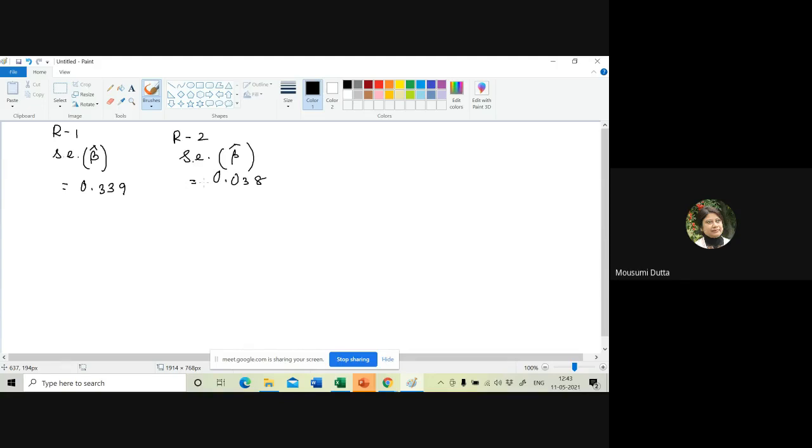This is x values: 3, 3, 3, 3, 4, 4, 4, 4. For researcher 2, y values are 2, 2.5, 2.5, 1.5, 11.5, 10.5, 10.5, 11. X values are 1, 1, 1, 1, and then 10, 10, 10, 10.